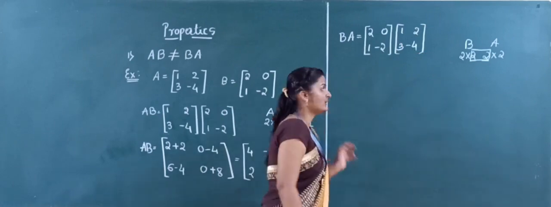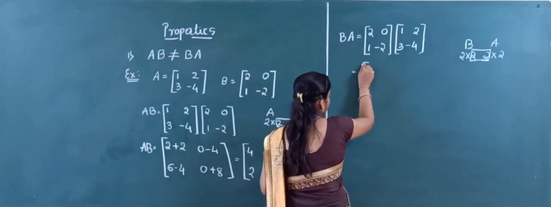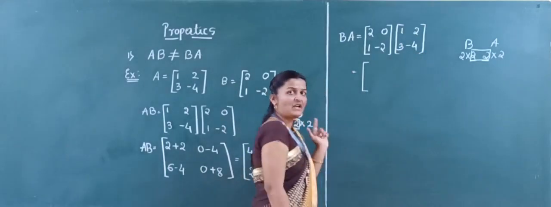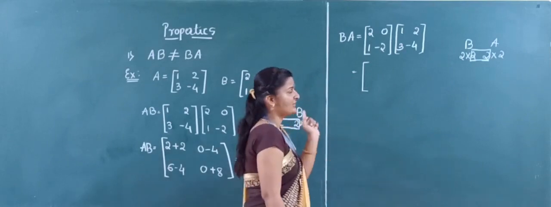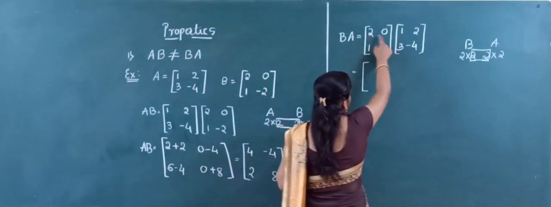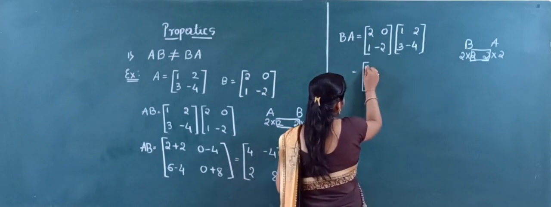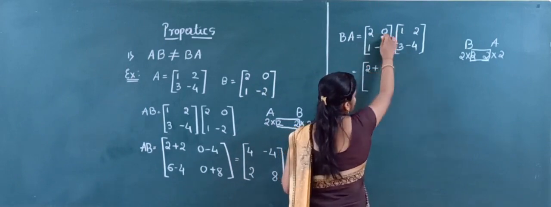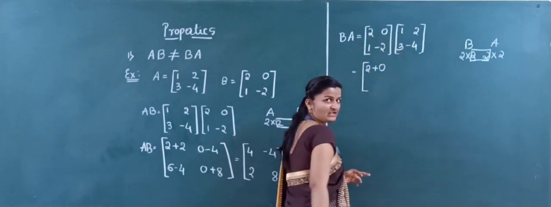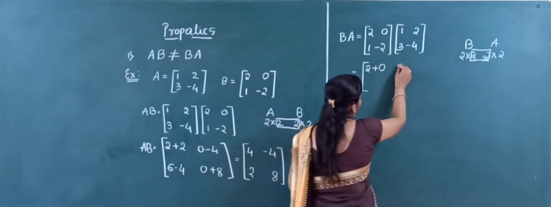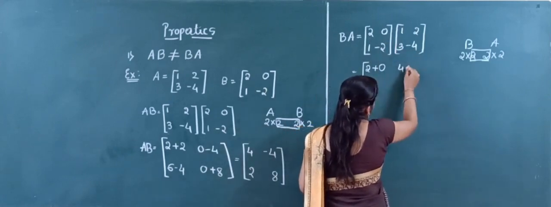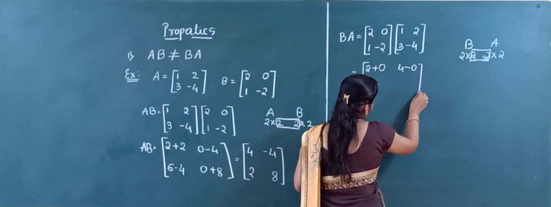Okay, so I have to multiply. How to multiply the two matrices? First row, first column; first row, second column. So 2, 0 and 1, 3. 2 ones are 2, 0 into 3, 0. The first element is completed. 2 twos are 4, 0 into minus 4, 0.